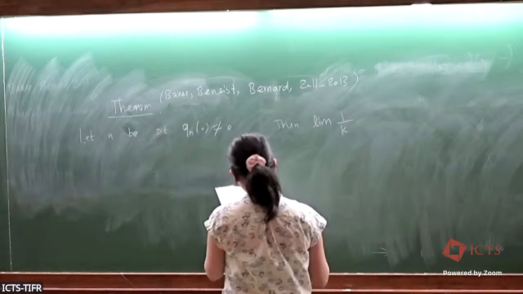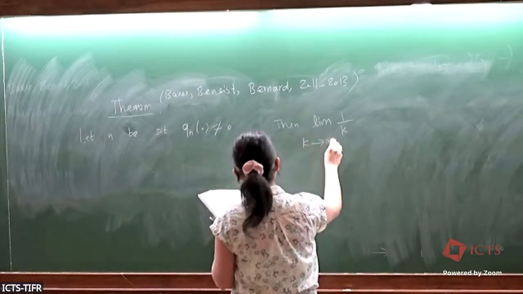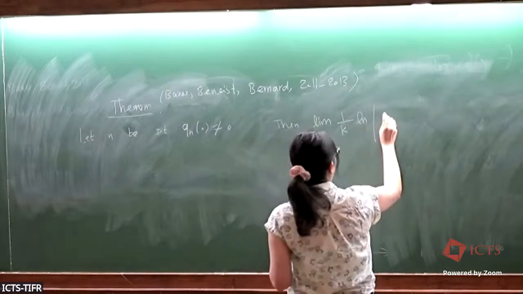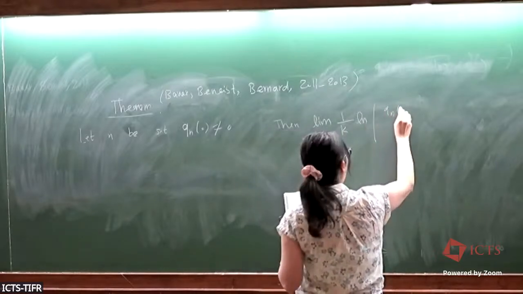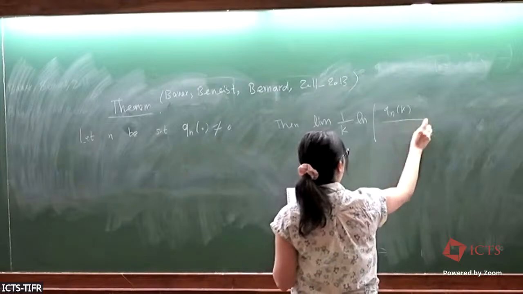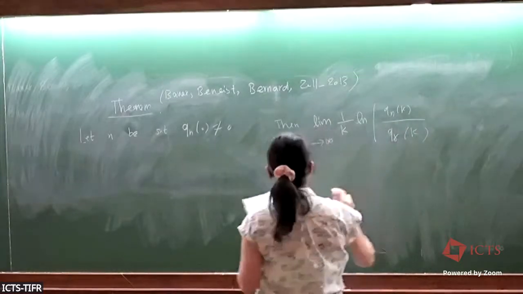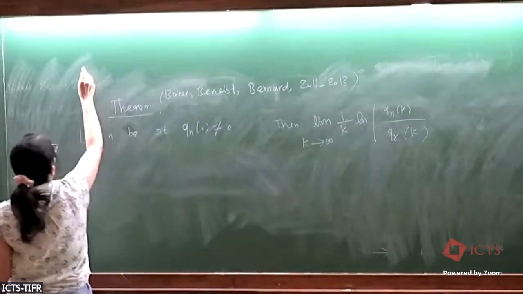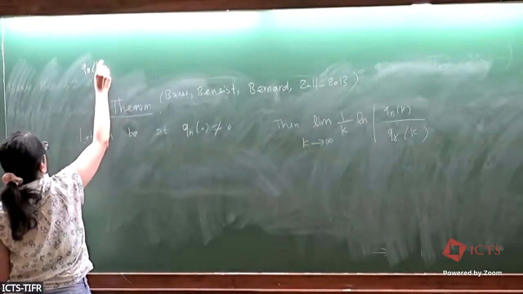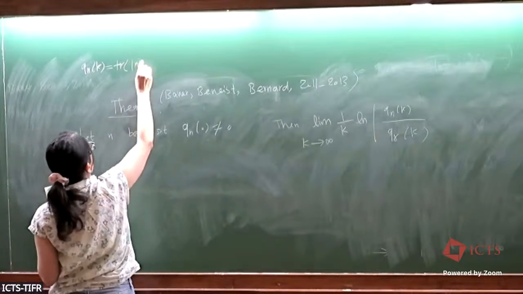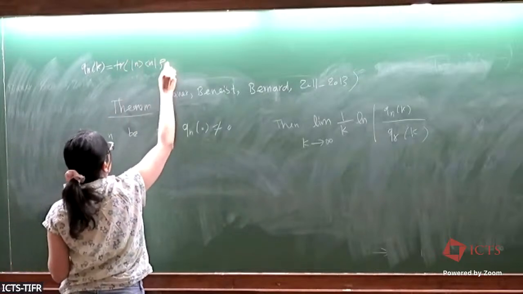the limit of 1 over k, as k goes to infinity, of the ln of Qnk over Q gamma k. So just remember what Q is. Qnk, in fact, is the population, which is the trace of Nn rho k, right?